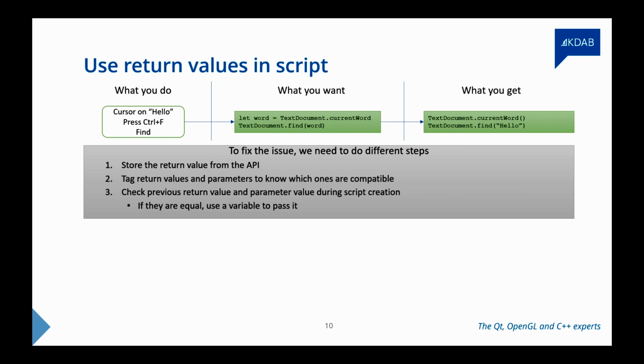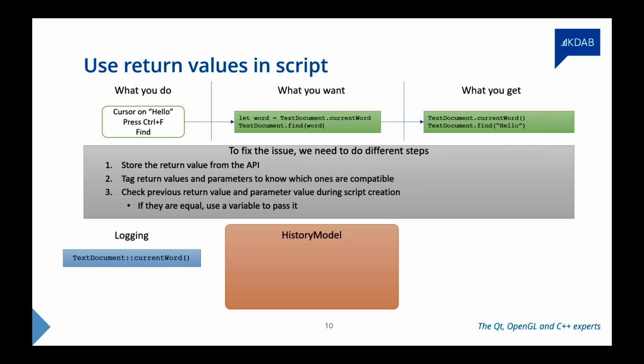And we are also going to tag this value in a way that we know how to use this return value. And when we call the follow-up API, then we look at the available return value and we look at the return value that has the same tag. Okay.